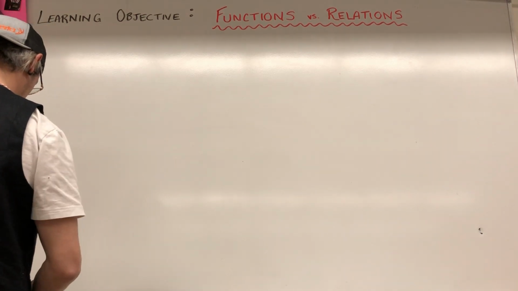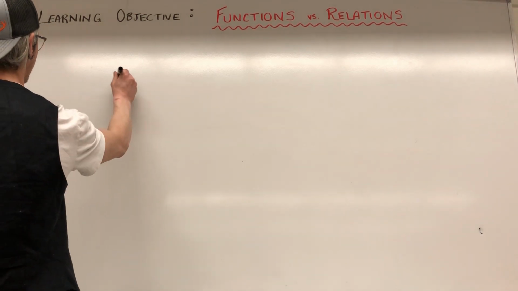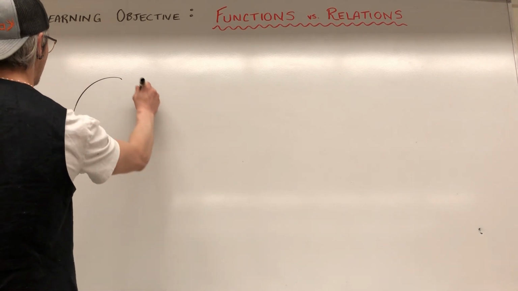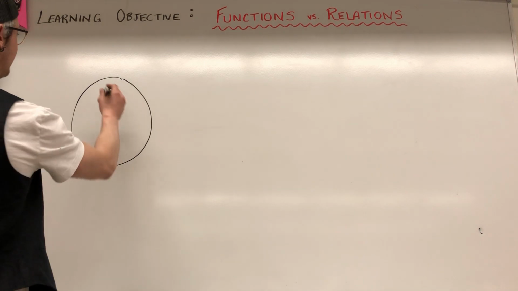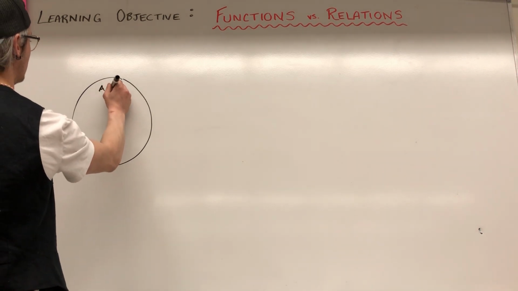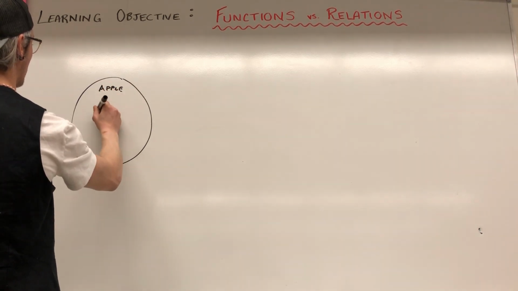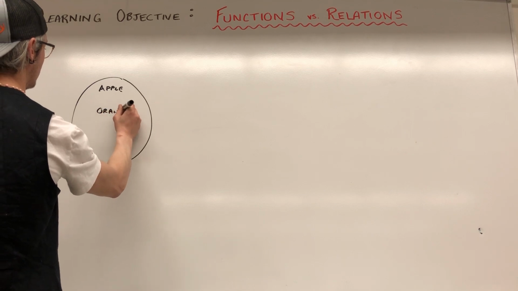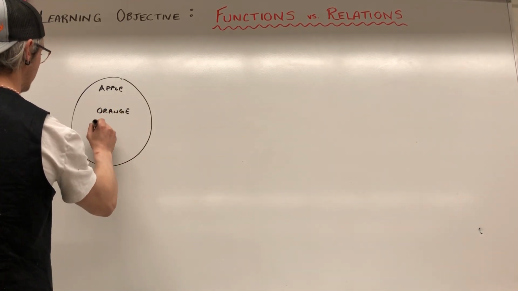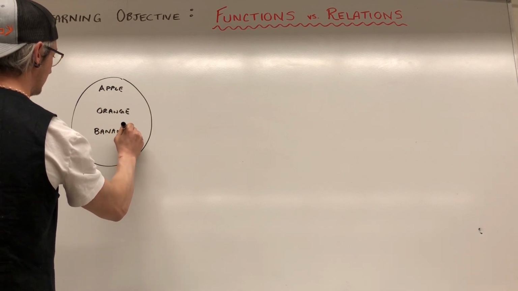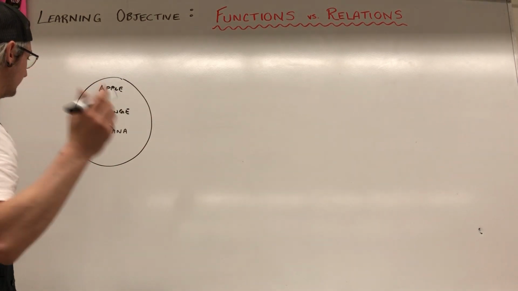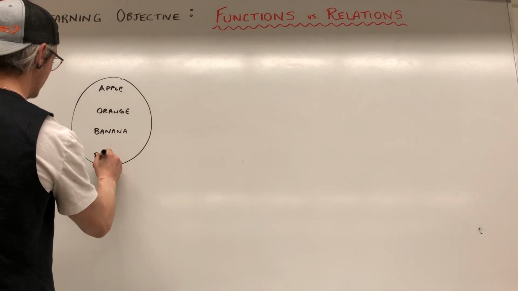The first that we talk about is an arrow diagram. Let's imagine that I had some fruits: apple, orange, banana, and give me another fruit, pear.